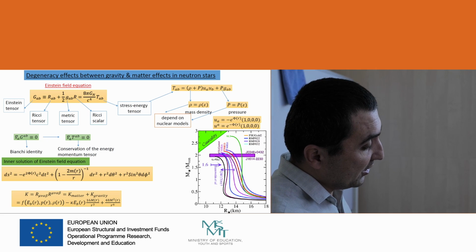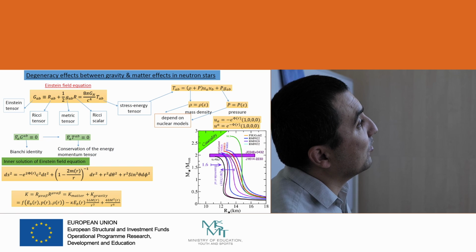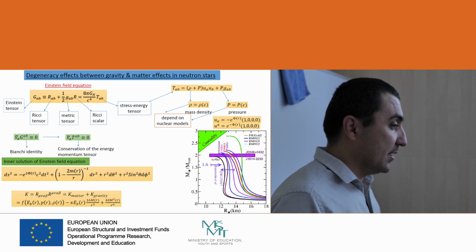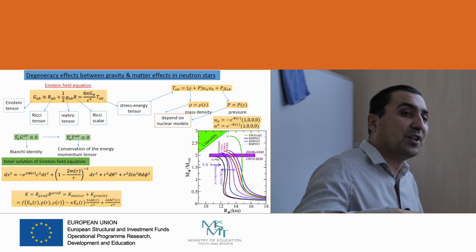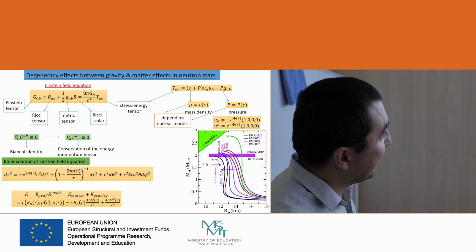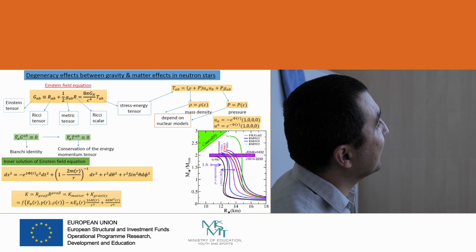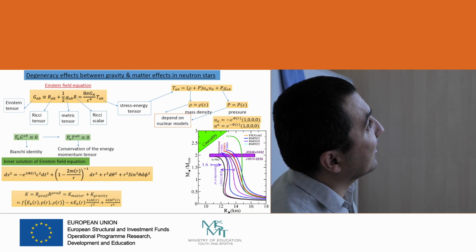The degeneracy effects of gravity and the matter in neutron stars. So what does it mean? In the inner space, there is an interior space-time solution for neutron stars. We can search the space-time in this form, but here the mass function depends on the matter and the gravity.